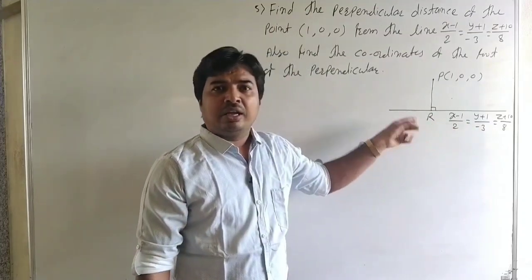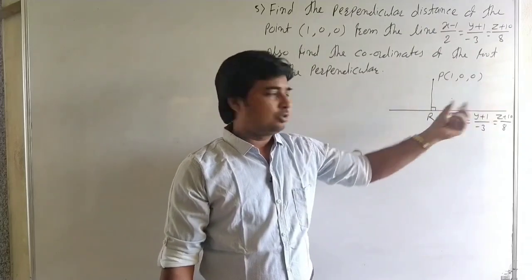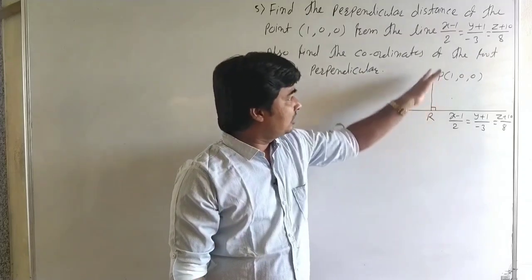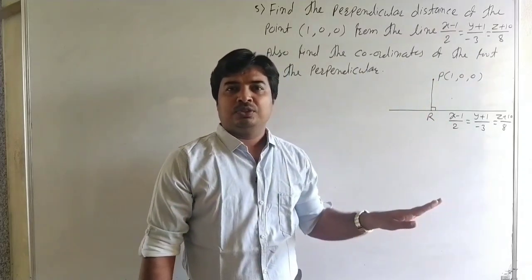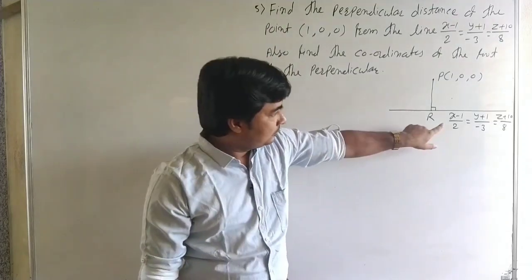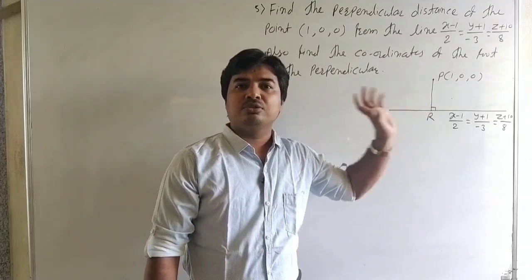Suppose it is any point (x, y, z). We find the coordinates of R by using the relation PR perpendicular to the line: A1A2 plus B1B2 plus C1C2 is equal to 0.